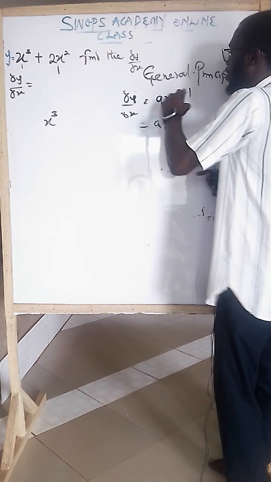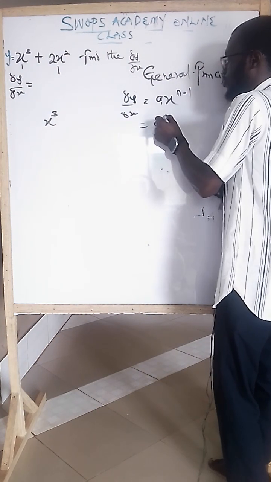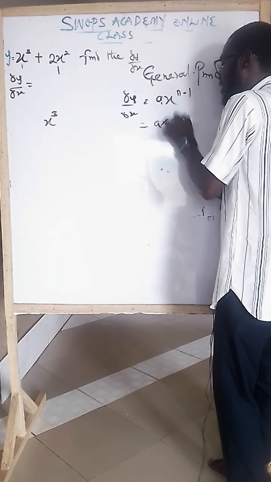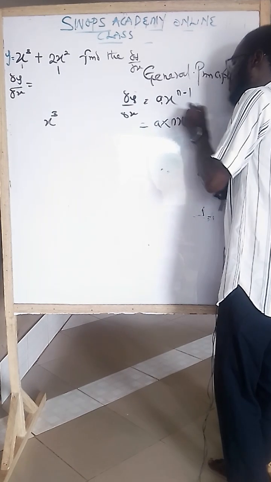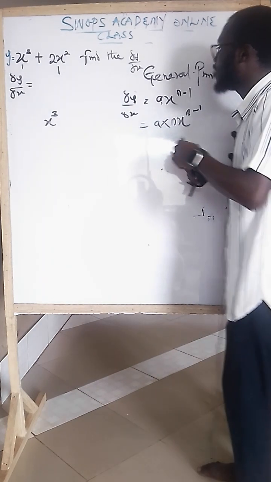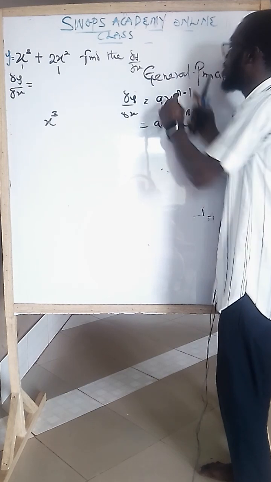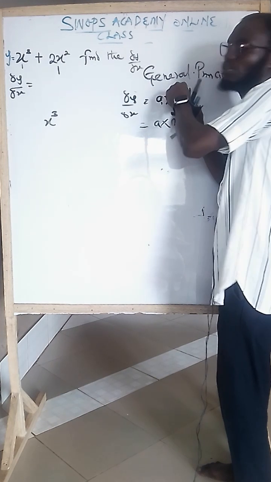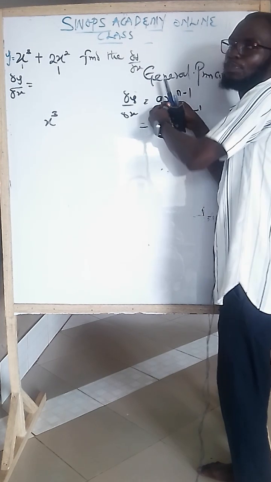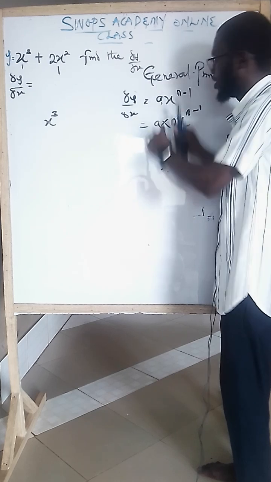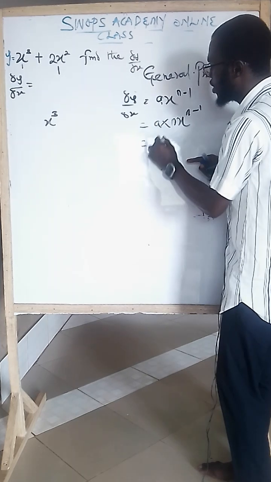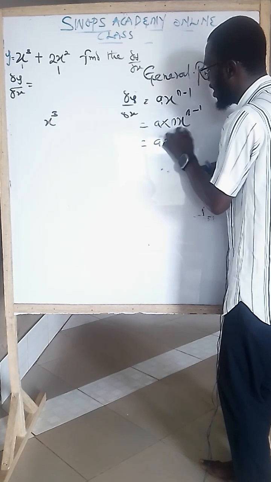N will come and join this. It will now be A times N, S, then N minus 1. So when you are using this general principle, you have to take the power that is here, which is N, and multiply it with the coefficient that is there. That is what I do here. It will now be A N X to the N minus 1.